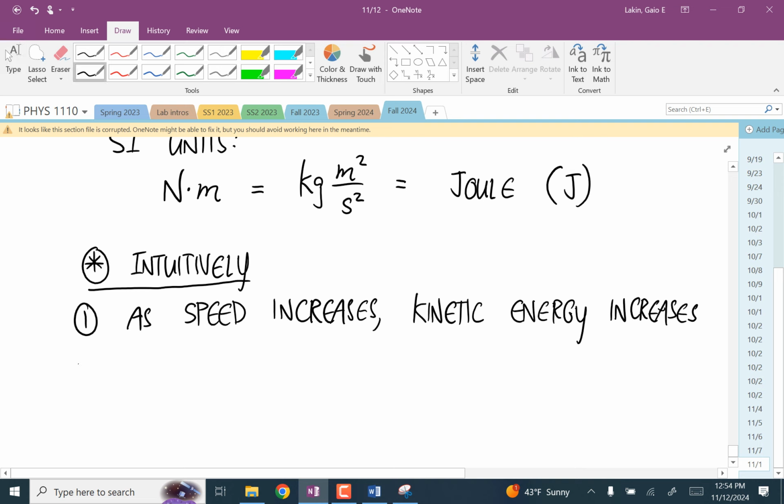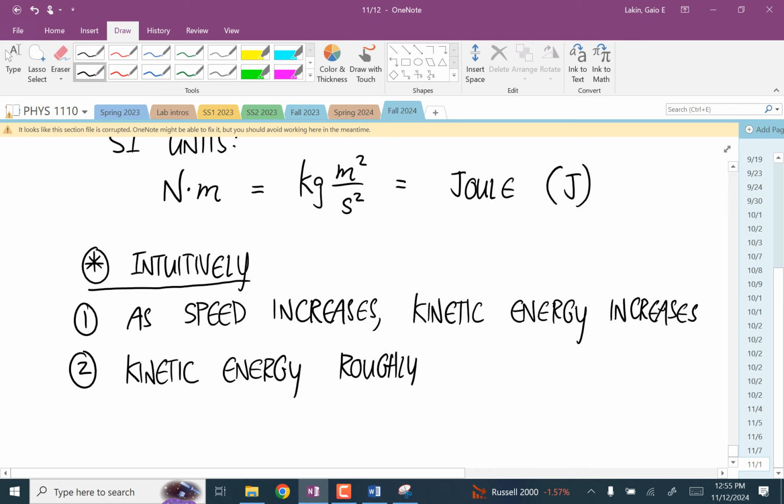And the meaning of kinetic energy can kind of roughly tell you how much it would hurt if the object hit you.